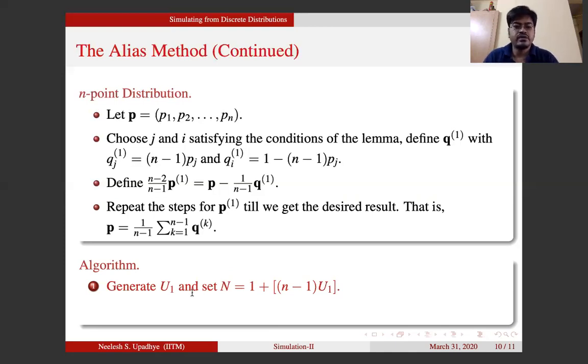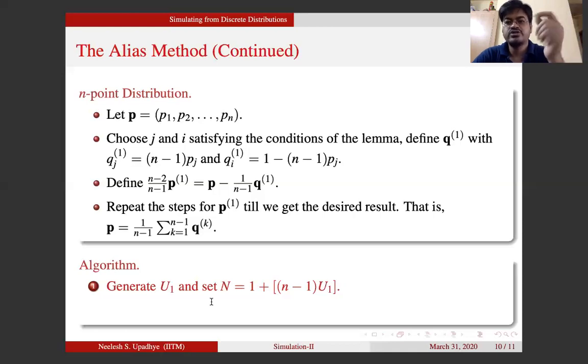Okay. Now in that probability vector, you have only 2 points with appropriate probabilities. Now you choose a point. Let us say in the previous example, there was a point with probability 7 by 8 and 1 by 8. So you generate another uniform random variable, check if it is less than 7 by 8. If so, choose that point.